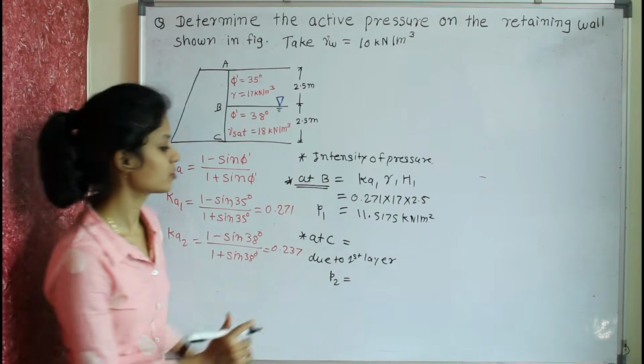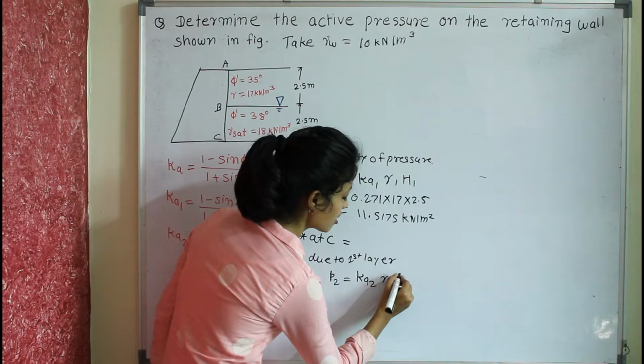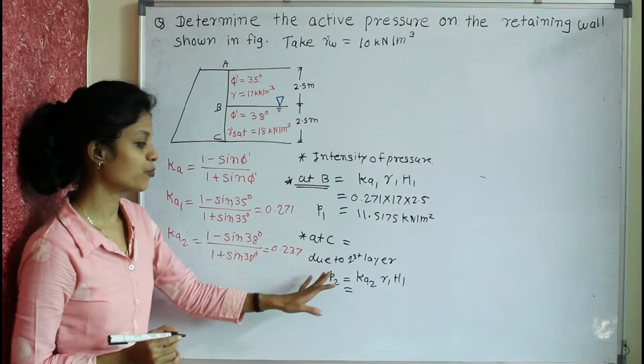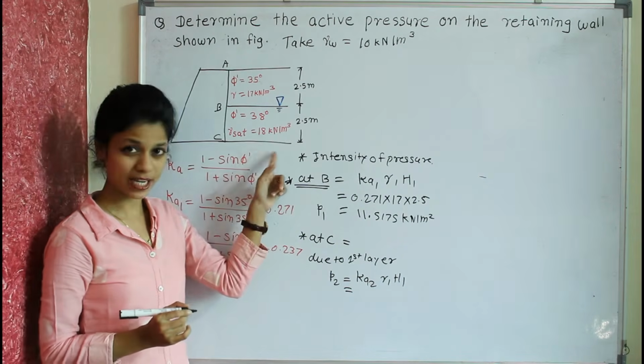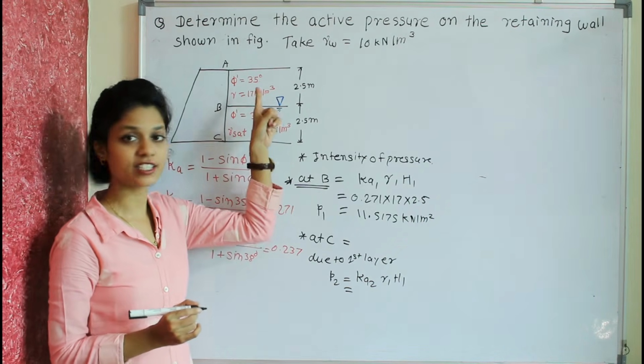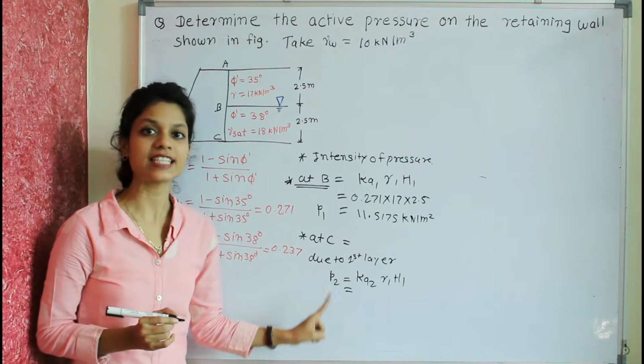Formula depends upon unit weight of first layer, thickness of first layer and coefficient of active earth pressure of second layer.